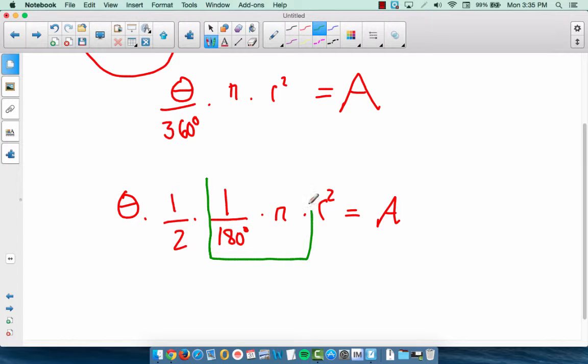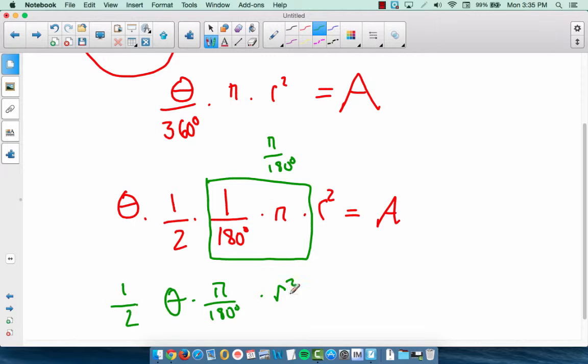If I look at this right here, 1 over 180 times pi, that's pi divided by 180 degrees. That's the conversion from changing theta into degrees. So if I change my order of multiplication, if I do 1/2 times theta times pi over 180 times r squared, that changes theta, which was measured in degrees, into radians.